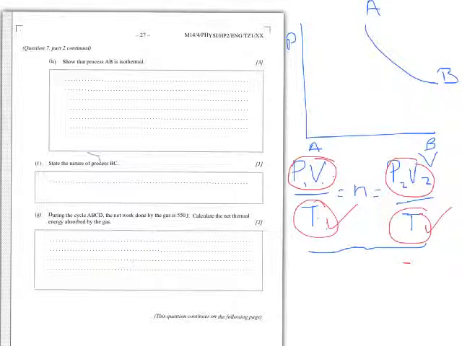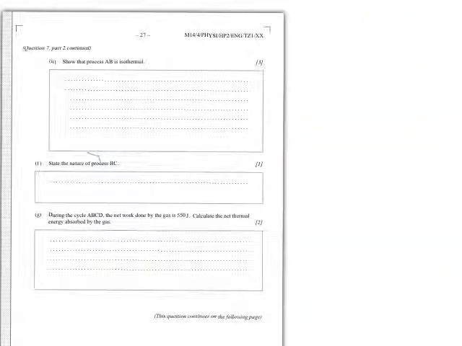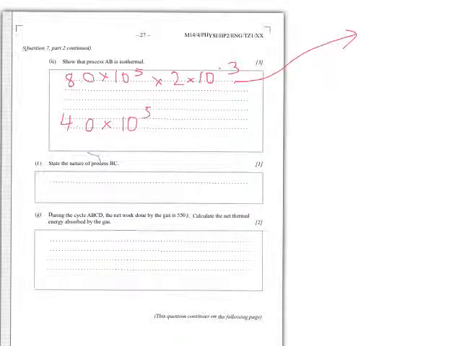Okay, so if you look at the values of P and V for both A and B, we have 8 times 10 to the 5 times 2 times 10 to the minus 3, that's position A. And if we have a look at position B, we have 4 times 10 to the 5 times 4 times 10 to the minus 3, which is position B, and that would both give you 16 times 10 to the 2.